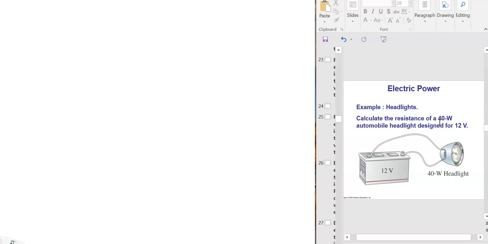Alright, here's an example. Headlights from maybe a car. Calculate the resistance of a 40-watt automobile headlight designed for 12 volts. Okay, so if I draw this situation in a circuit diagram, here's my battery, which is 12 volts.